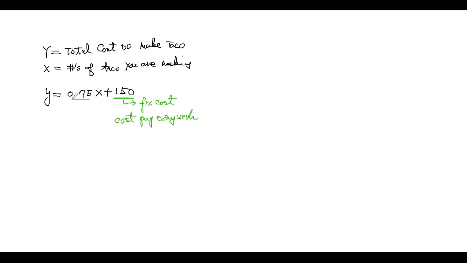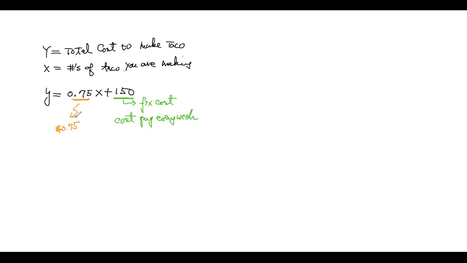So the same thing for the 0.75. What does that mean? That means for every extra taco you make, the cost is 75 cents. So your cost will increase 75 cents, because it's positive. As the number of tacos you made, X, increases, the cost Y will increase.